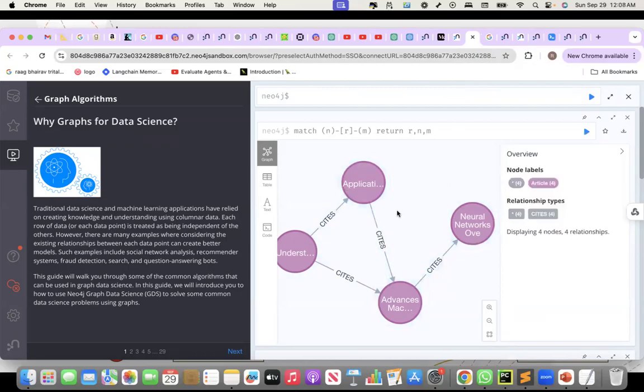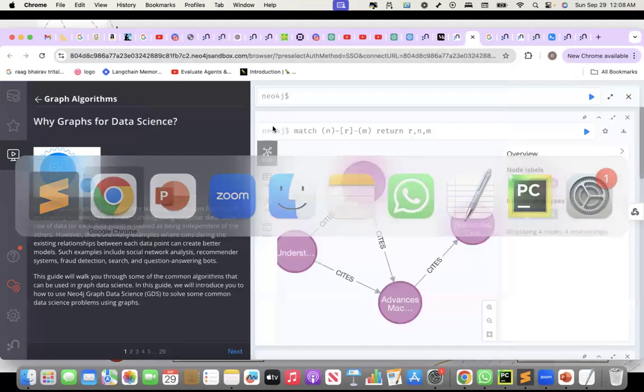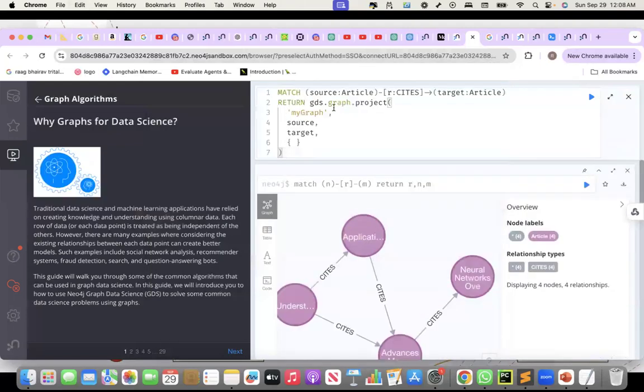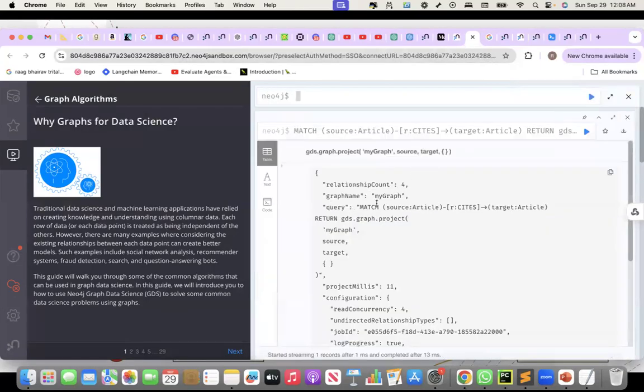The first thing we need to do is project this graph into a graph called my graph. I can name it anything; I named it my graph here. So I'm projecting this graph, article cites article, into my graph. Let me run it. This is an in-memory graph now.